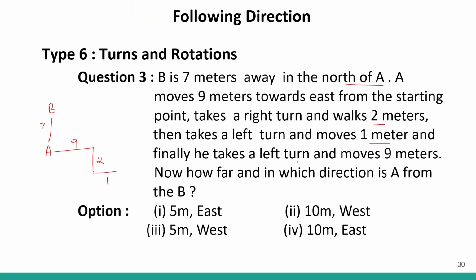And finally he takes a left turn and moves 9 meter. So he'll be here, 7 plus 2, in line with B. How far and in which direction is A from B? So from B the direction is east, and the distance is 9 plus 1, which is 10 meter. So our answer will be 10 meter towards east, which is option number 4.